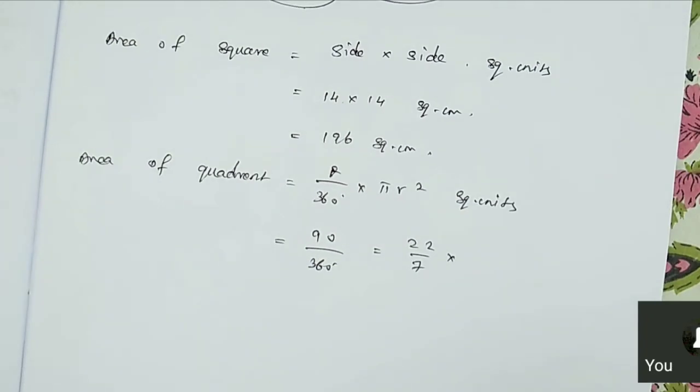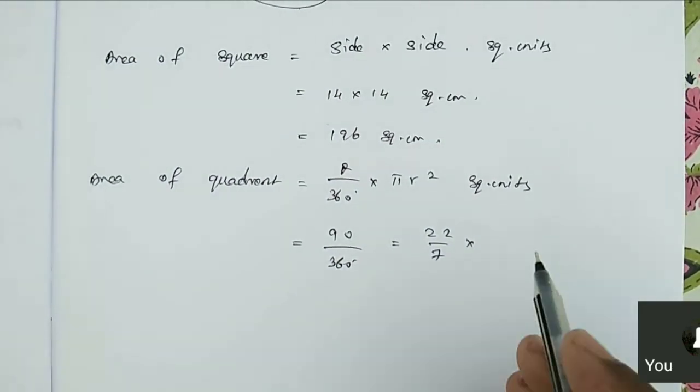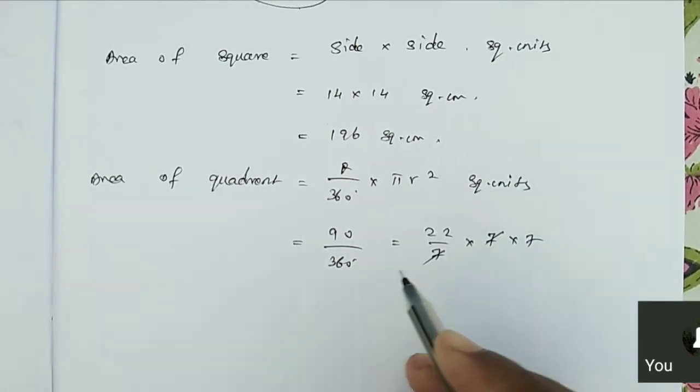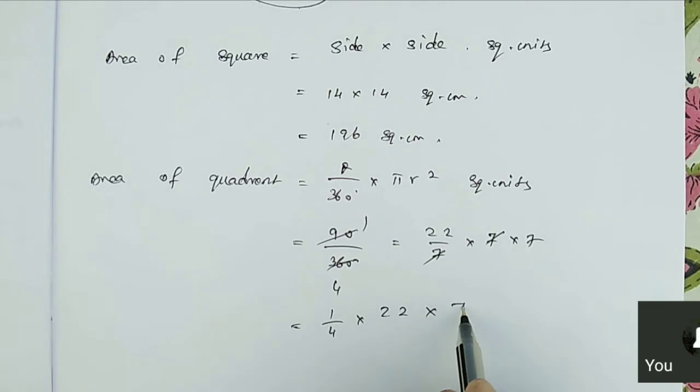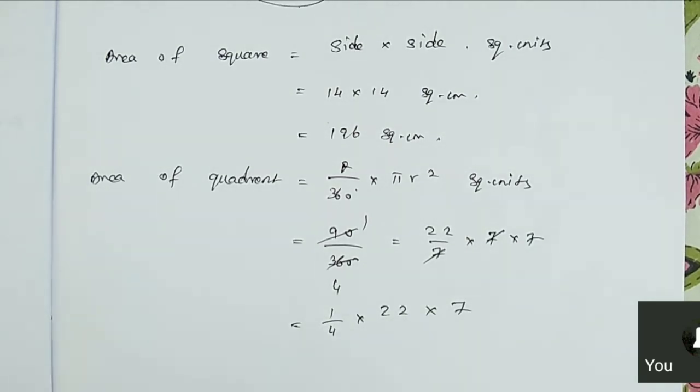What is r square? 7 into 7. Cancel it. 1 by 4 into 22 into 7. Now we can simplify this. Shall we cancel this 2? 2 twos are 4, 11. So 77 by 2, right?